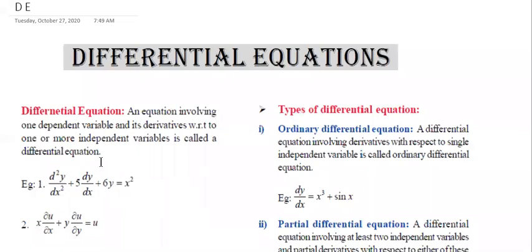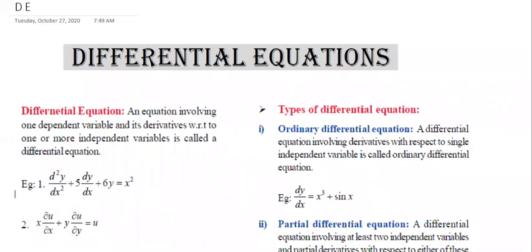Here, the dependent variable is only one, sorry, here the dependent variable is y, and the independent variable is x. See the second example.